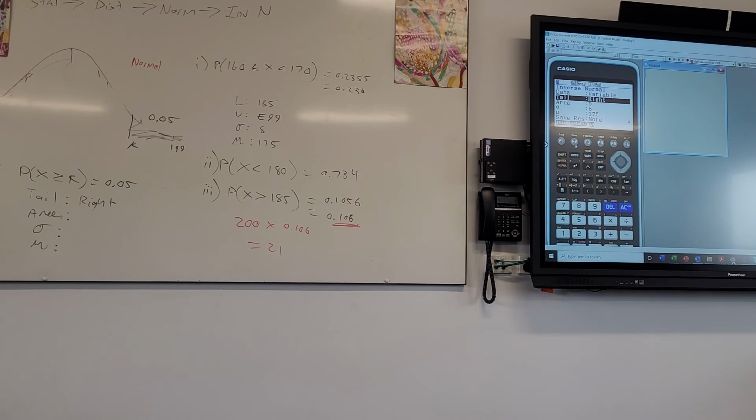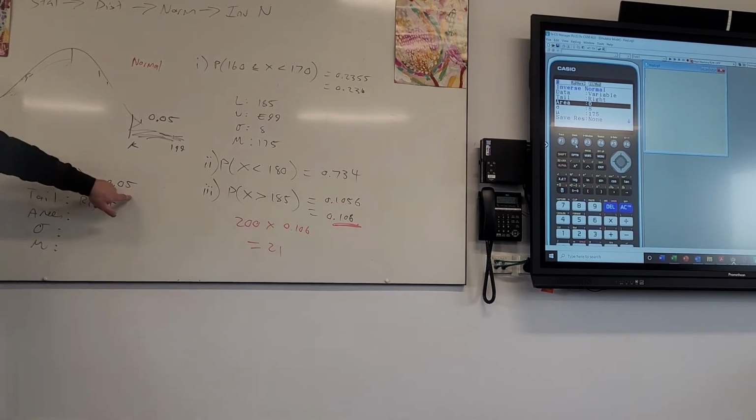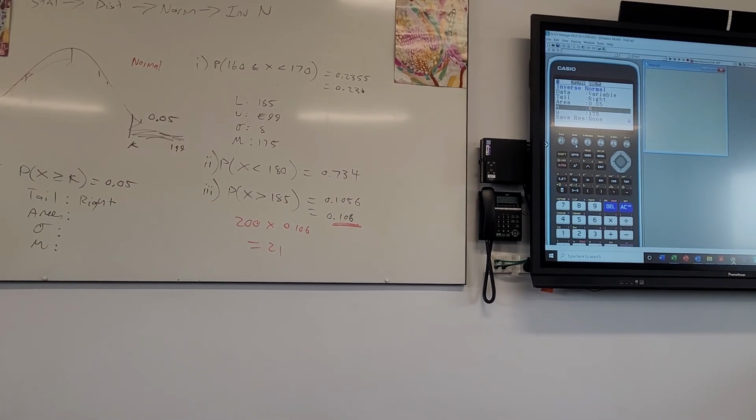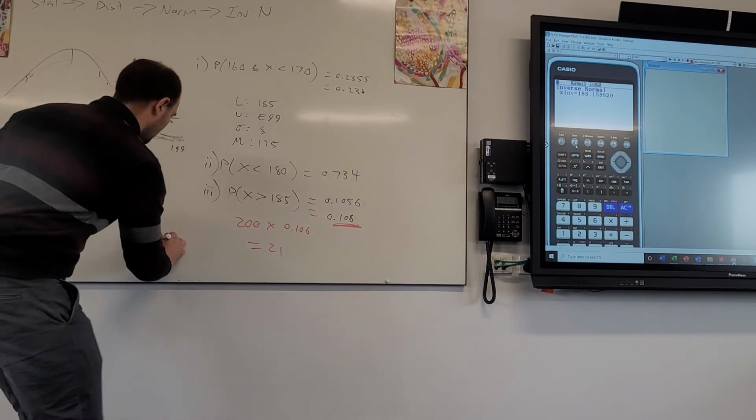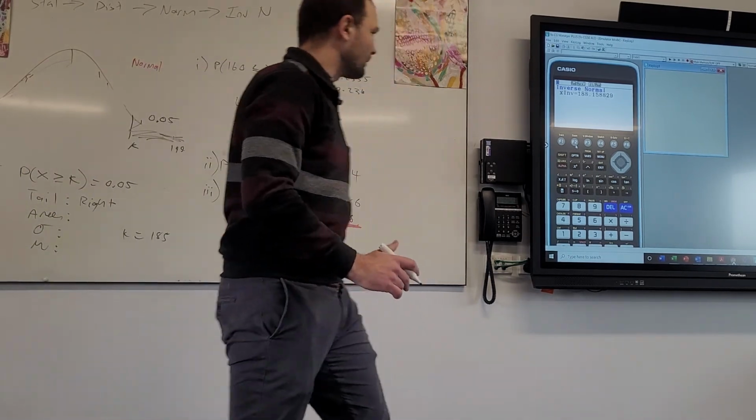Okay, area. The area is the probability we're talking about, 5% of the population. That's 0.05. Standard deviation is 8, mean is 175. Let's press execute. 188.158. So I've got here K, 188.15.